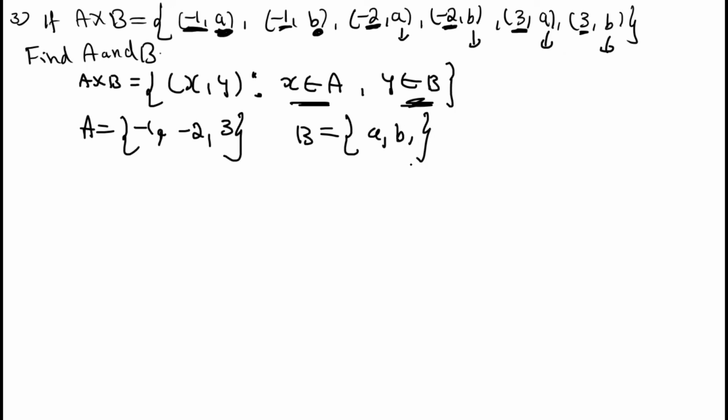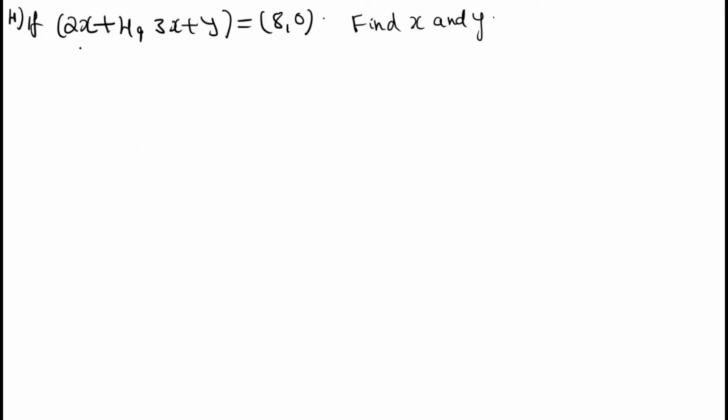Okay, so set A is equal to {-1, -2, 3} and set B is equal to {a, b}. Just remember, in a Cartesian product, the first element of the ordered pair belongs to the first set, and the second element of the ordered pair belongs to the second set. If a question is asked like this, you need to write set A and set B like this. Okay.